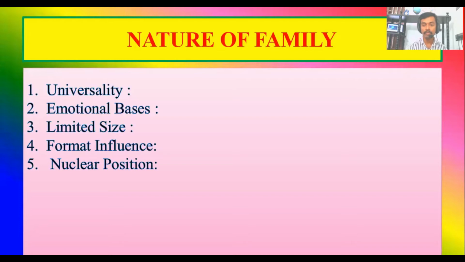The nuclear position. The family is the nucleus of society. It is a biological explanation. For example, in biology, every cell has a nucleus. If there is no nucleus, there is nothing in the cell. In the same way, the family is the nucleus of society.